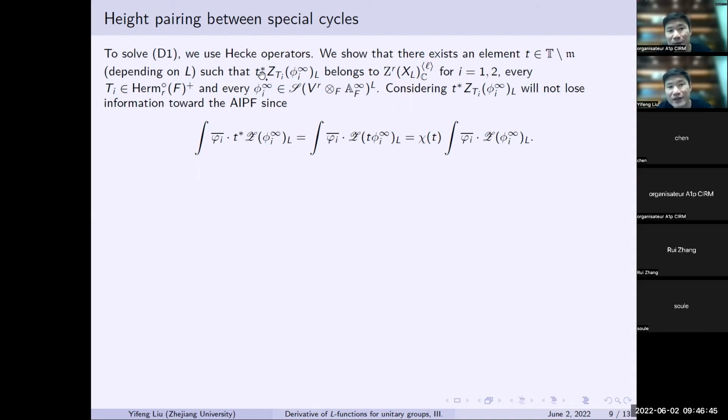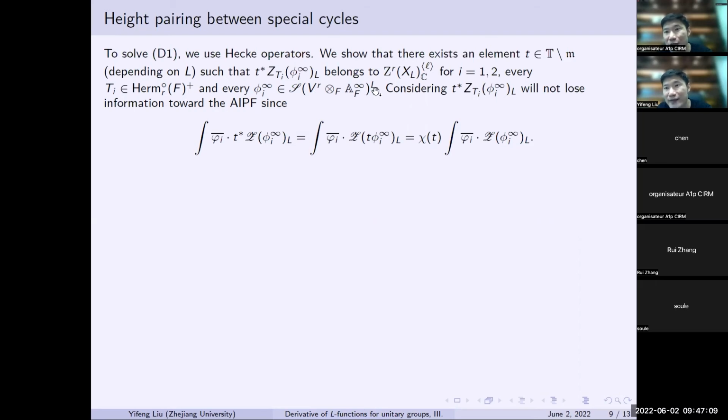If we apply t upper star to every such special cycle, the result will belong to this L-cohomologically trivial part. This is for every i, every T_i that is invertible, that is totally positive definite, and every Schwartz function that is L-invariant.